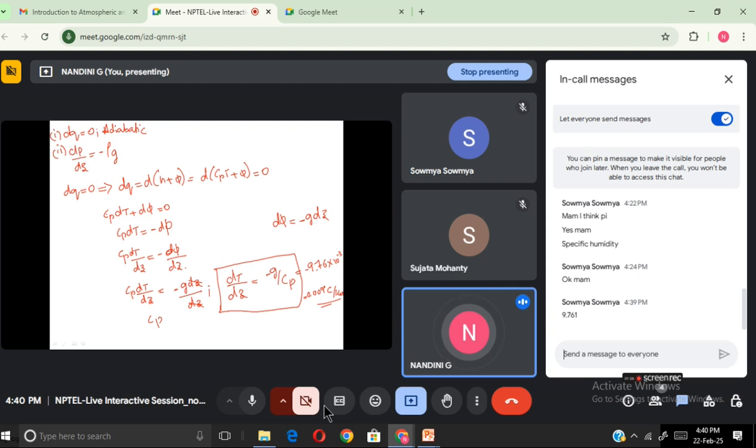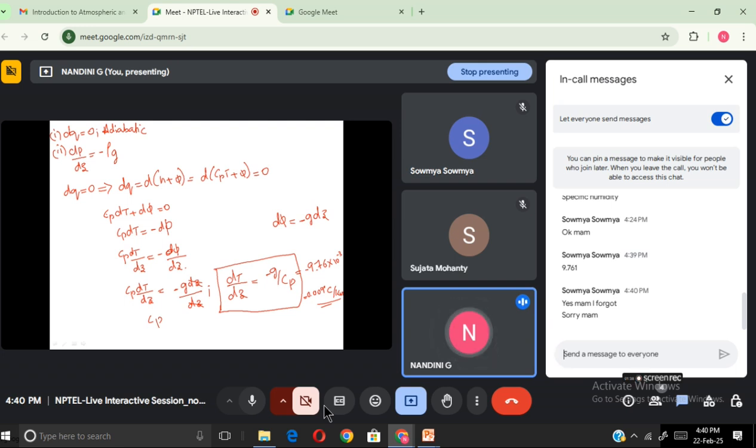So this much it will change. 9.8 divided by 1004 is 9.761 into 10 raised to minus 3. So that is the value of g by cp, or dT by dz. It basically gives you how the temperature is changing as we move vertically in the atmosphere.